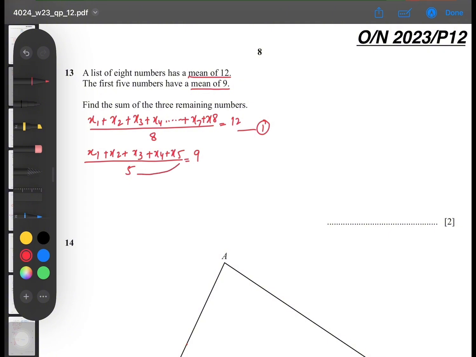I'll cross multiply. x1 plus x2 plus x3 plus x4 plus x5 is equal to 9 times 5, that is 45. So 45 is the sum of the first 5 numbers. So I'm going to plug this into equation 1.